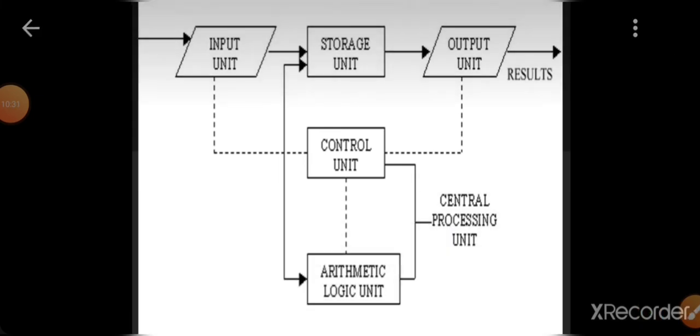If the traffic policeman is at a signal, he will control all the traffic. First, he will allow one side to come, then all the remaining side roads will be blocked. Again, likewise, this control unit will control all the activities of the computer.